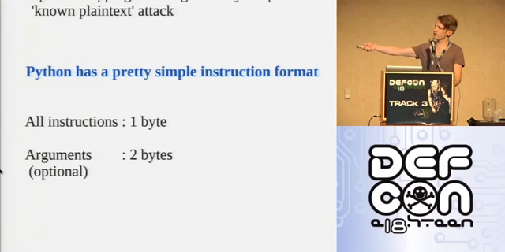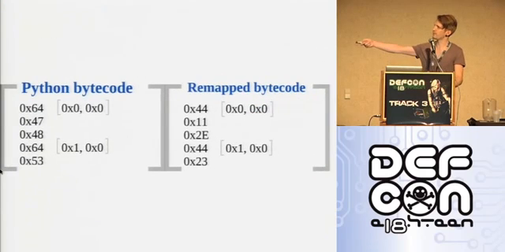So as I said, all instructions are just 1 byte, and there's an optional 2-byte argument to it. So if we look at some normal Python bytecode on the left that we've already seen, if they've remapped their stack, 0x64 has been remapped to 0x44, 0x47 has been remapped to 0x11, etc. If we can take a known set of .pys and compile them into bytecode for standard Python, and then compile them into bytecode for the obfuscated Python using the obfuscated runtime, then we'll get a list of this bytecode, and then we can just diff these 2 bytecode streams, and we can say, oh, cool, right, 64's gone to 44, 47's gone to 11.